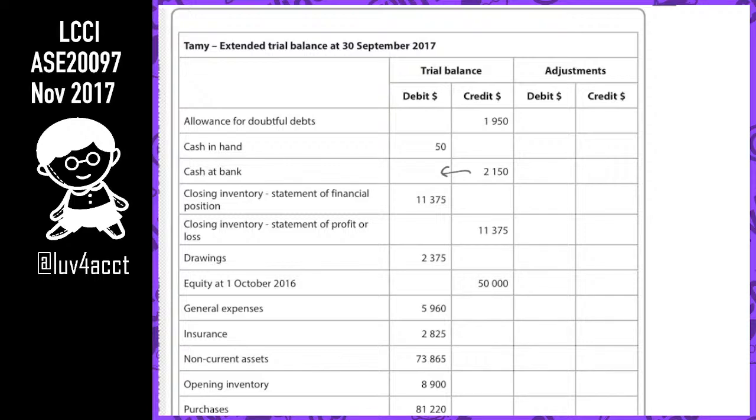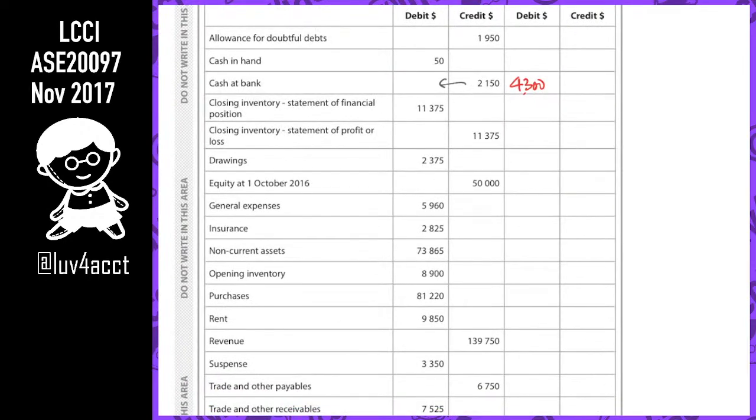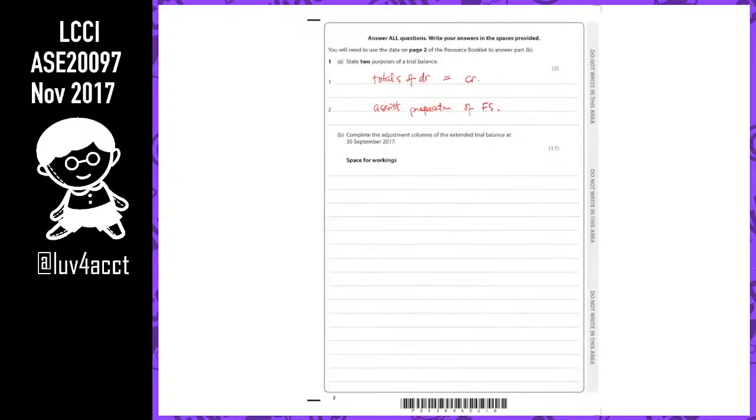What we are going to do is debit 4300, cancel the credit balance and then put it back to the debit. Because of this error, there will be a suspense entry for 4300. So the first one is done.